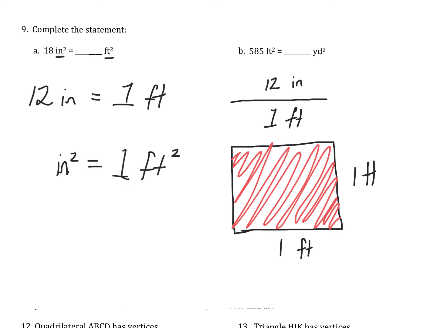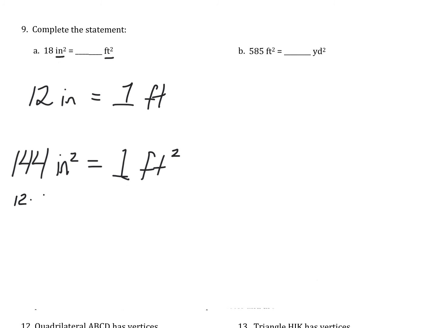Okay, well we can easily convert my length and my width. That would be 12 inches by 12 inches, which means that the area inside is 1 foot squared, but we could also say that it's 144 inches squared, because it would be 12 times 12 inches.